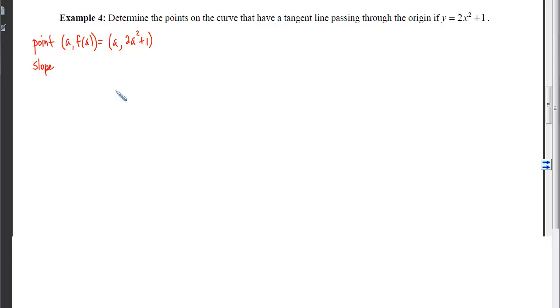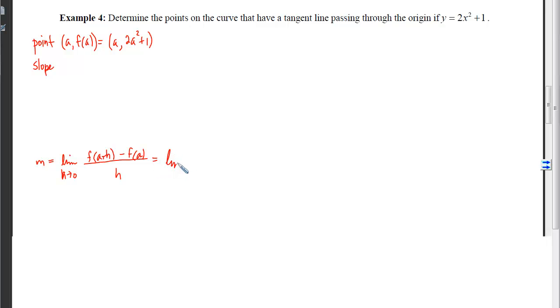So we're going to use our general formula for the slope, which is the limit as h goes to 0 of f of a plus h minus f of a over h, and we're going to plug it in and see what happens.